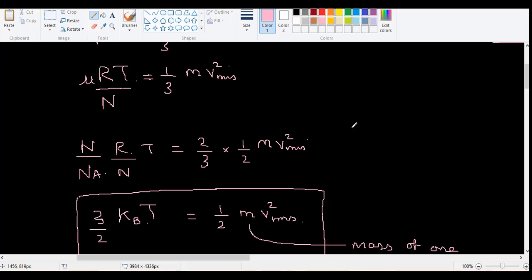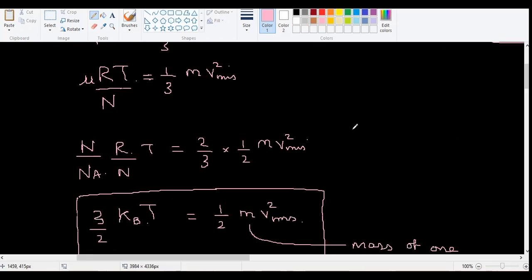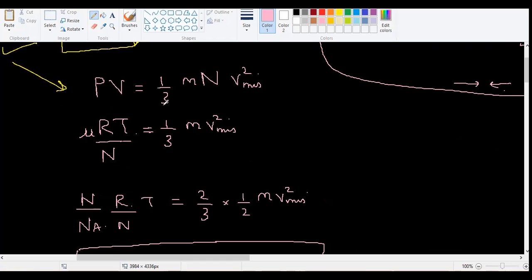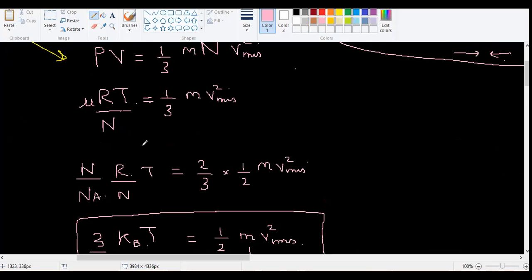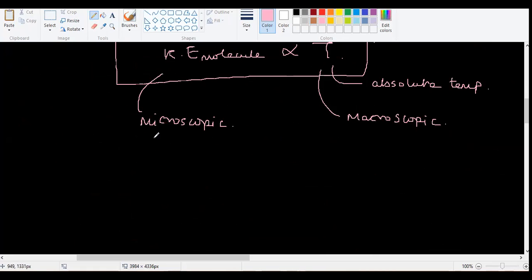So in the previous derivation, we found the relationship between the kinetic theory and pressure. What is kinetic theory? Movement of molecules. What is movement of molecules? The velocity of the molecules. So we found a relationship between pressure and the movement of the molecules. So today in this derivation, we are trying to find the relationship between the movement of the molecules, their velocity, and the temperature.